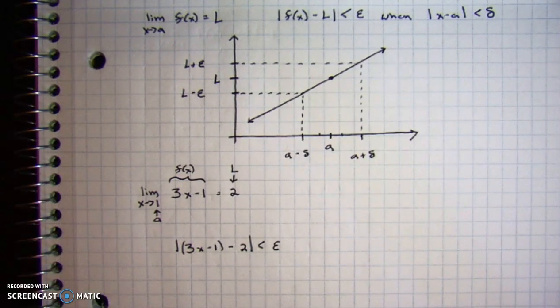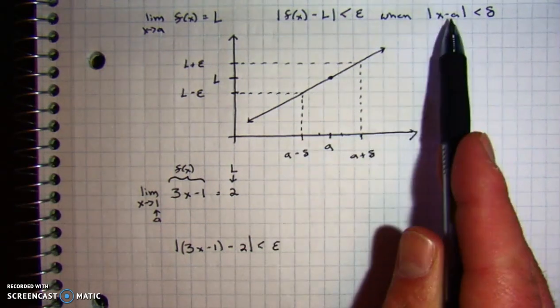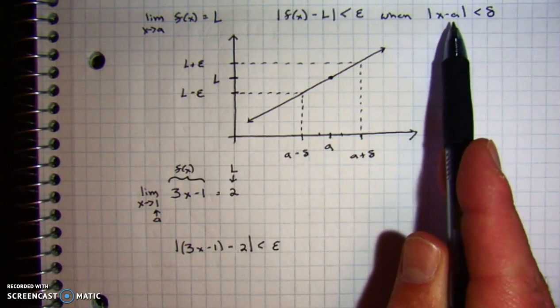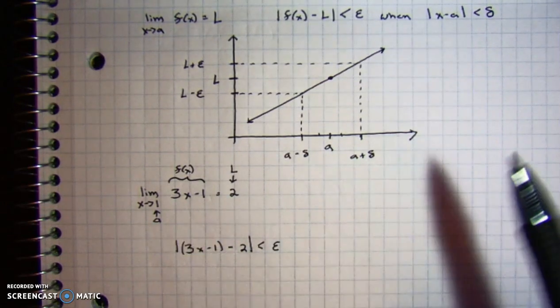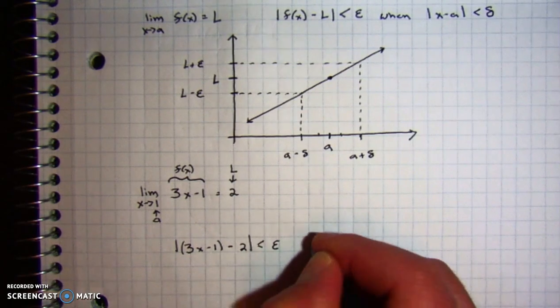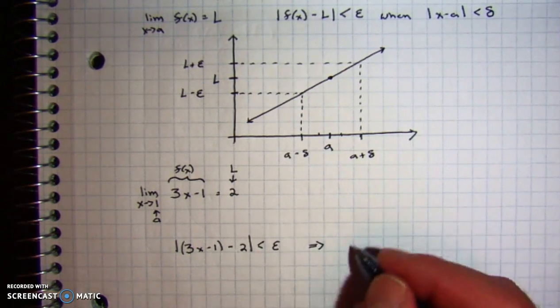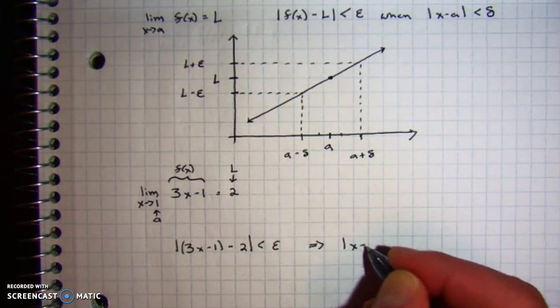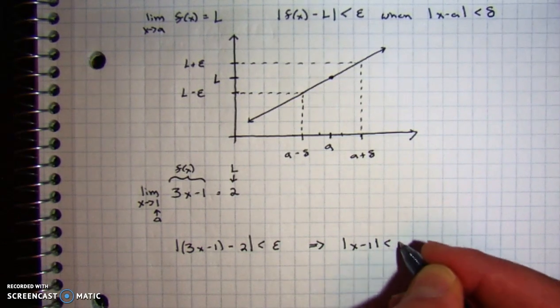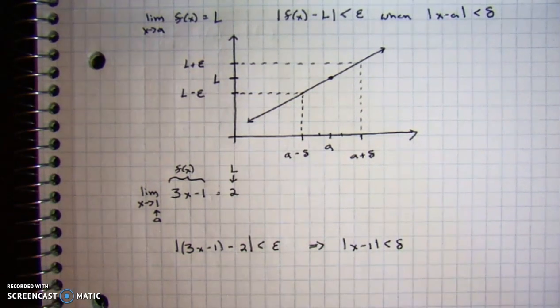So the trick behind this is we want to ultimately make this look something like this part, the x - a. So a is 1, right? Somehow we want to transform this to look like |x - 1| less than some delta. So let's take a look at it and see what we can do.